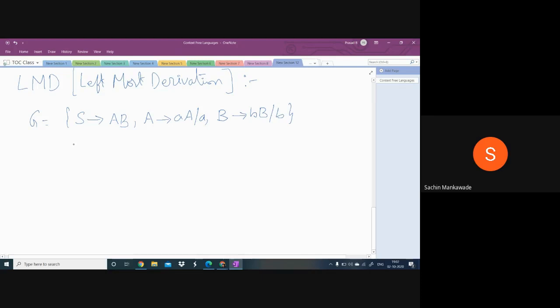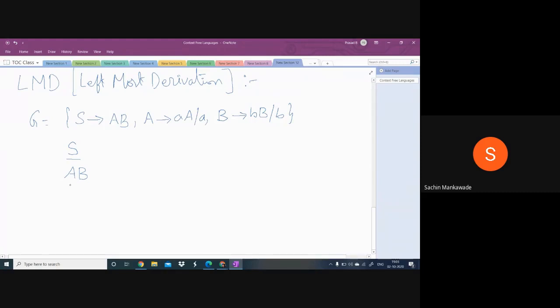Every time we have to start from the start symbol. Here, S is the only symbol, so we must apply the production in S place. S has the production AB.